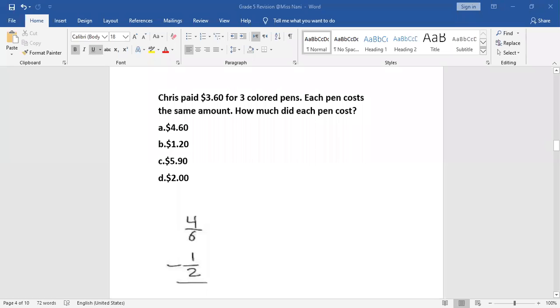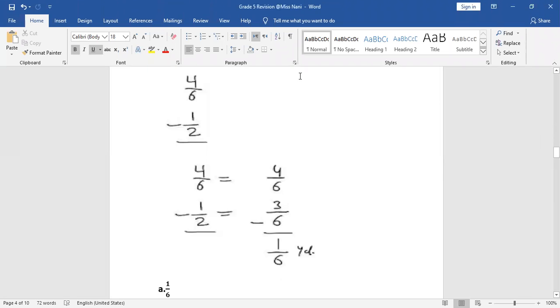Here I have the fraction 4 over 6 minus the fraction 1 over 2. So if I want to do minus or plus to any fractions, I have to get a common denominator. So here I have 4 over 6 minus 1 over 2. 4 over 6 will stay as it is, and I will convert the 2 to the 6. So what is the number? If I multiply it by 2, I will get 6.